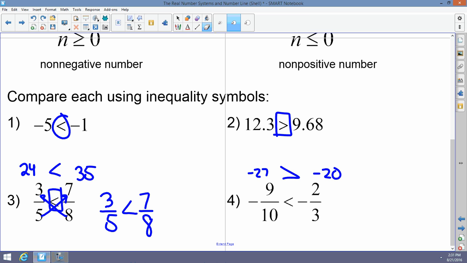Well, not really, because we're dealing with -27, not a +27. So even though -27 is a higher number, it has a smaller value because it's negative. Remember that the larger the number of a negative, the smaller the value. So yes, indeed, -9/10 is less than -2/3.